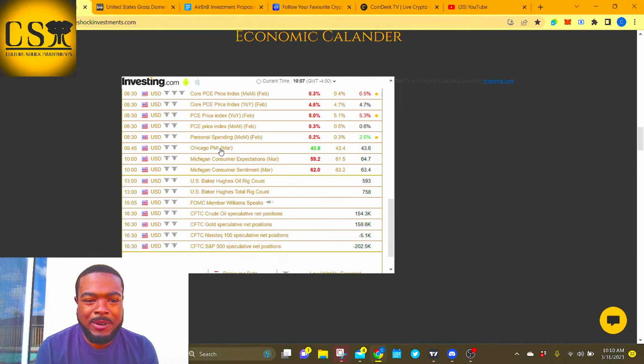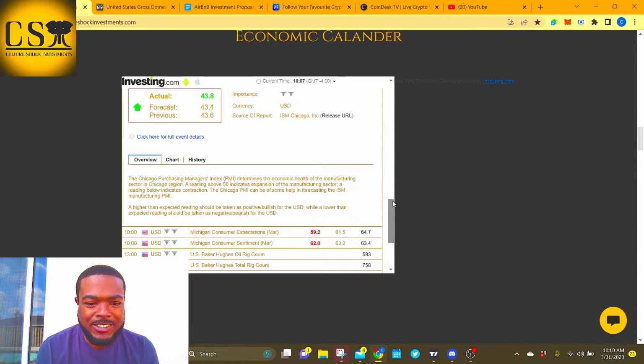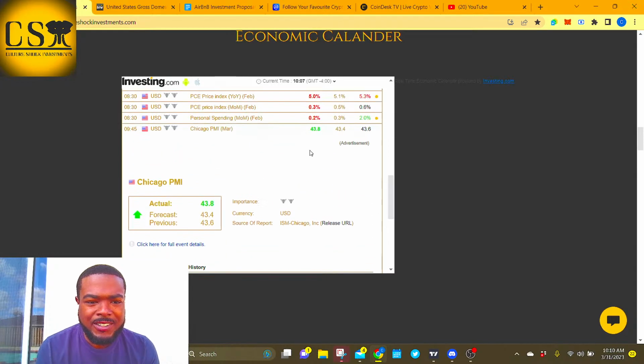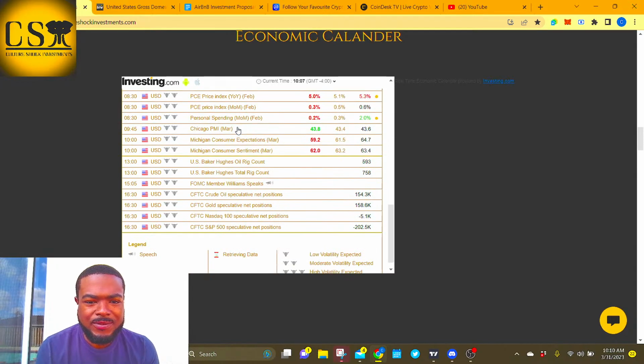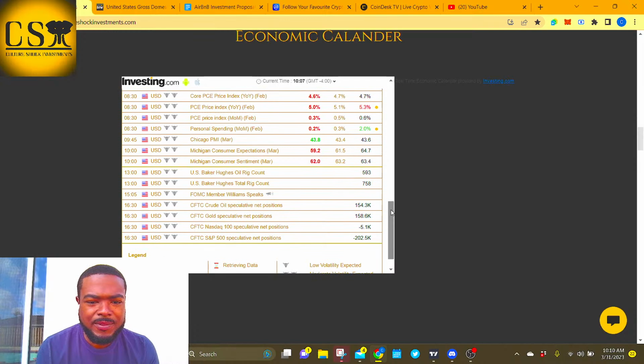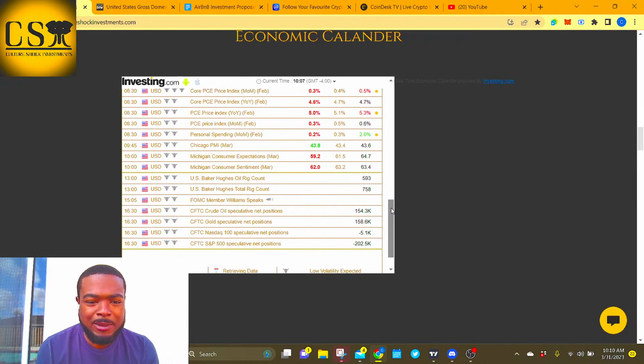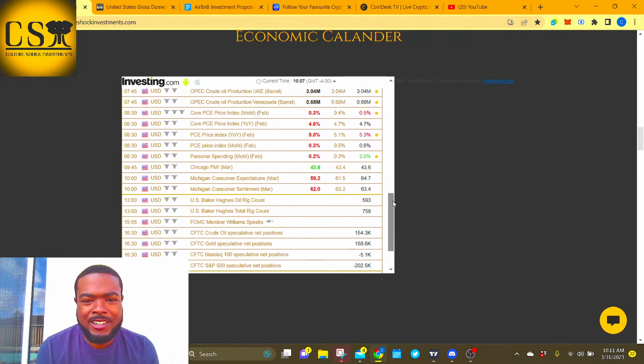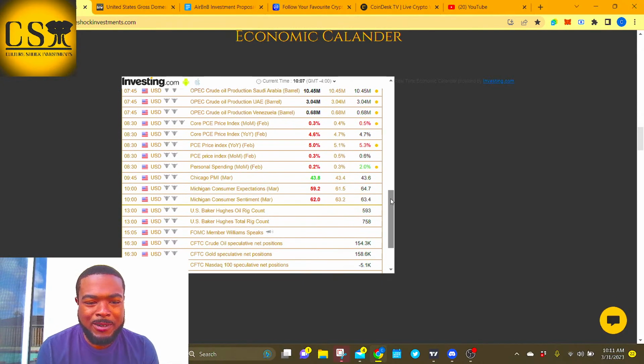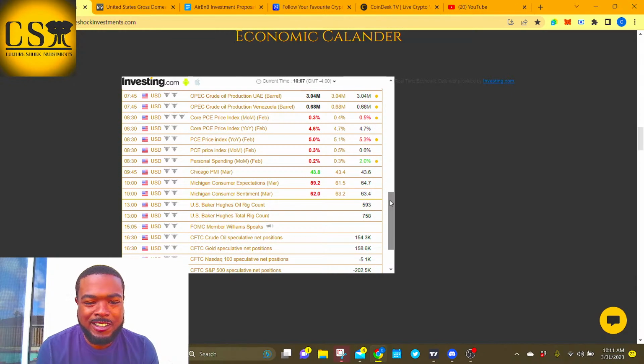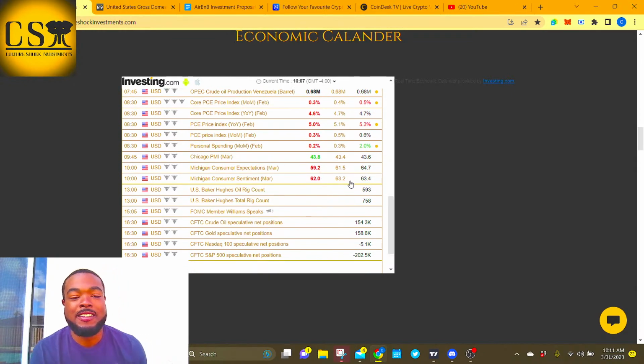The Chicago PMI manufacturing index came in at 43.8 instead of 40. Michigan came in at 59.2 instead of 61.5, what they expected. So it came in lower. Consumer expectations and consumer sentiment came in lower as well. Instead of 63, it came in at 62.